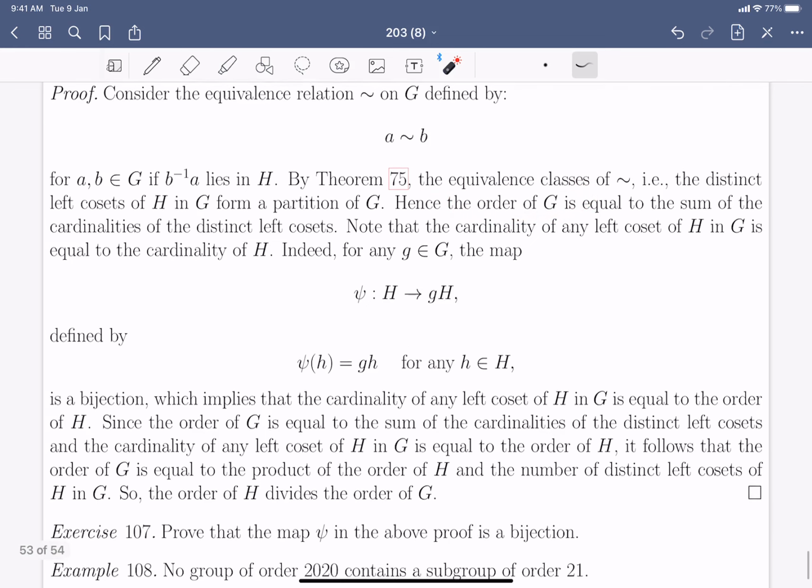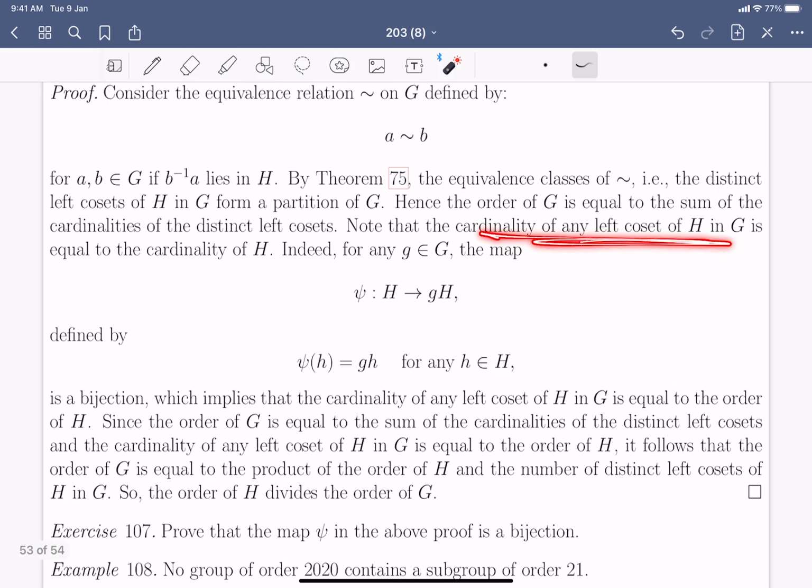Now we will show that the cardinality of any left coset of H is equal to the cardinality of H. In other words, we are trying to show that the cardinalities of any two left cosets are equal.